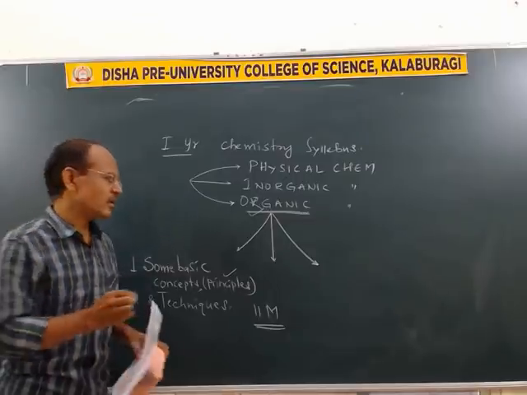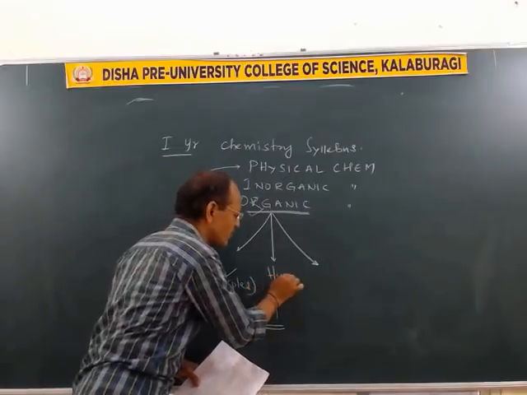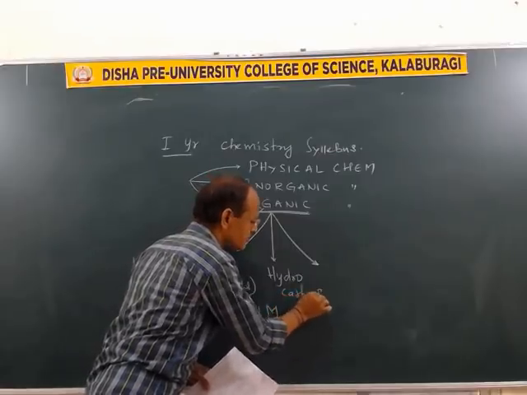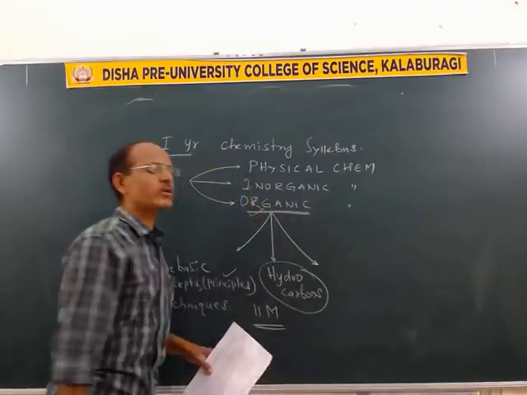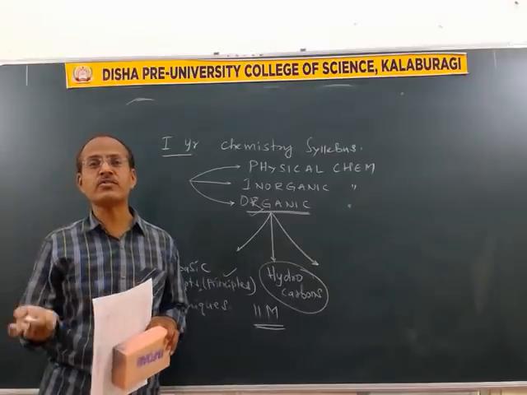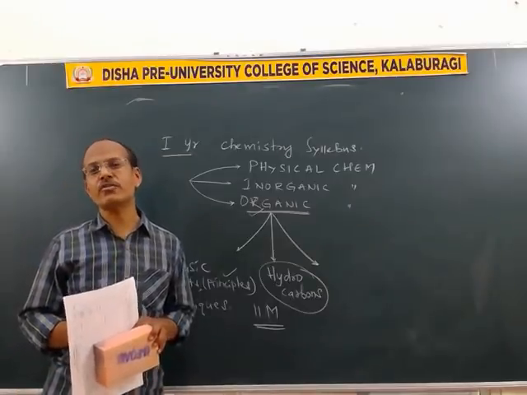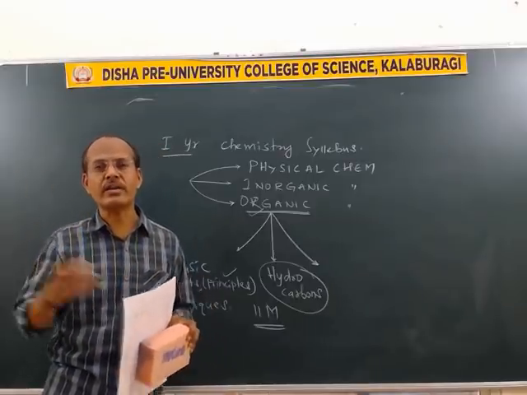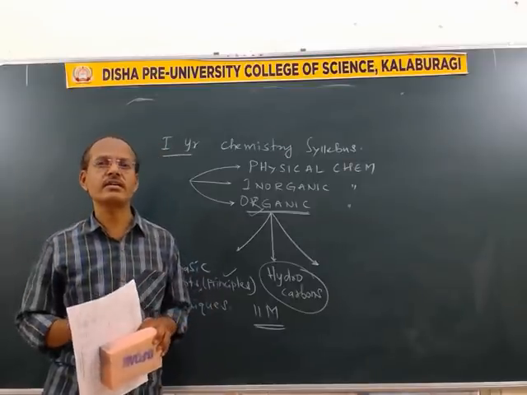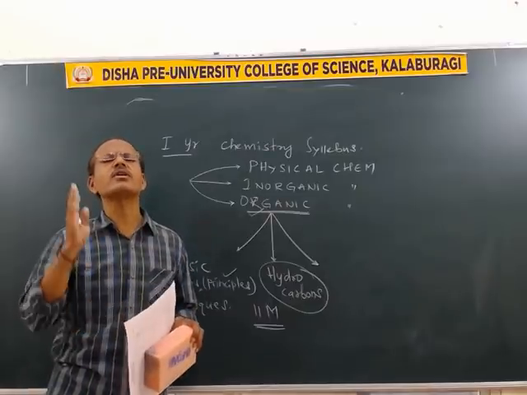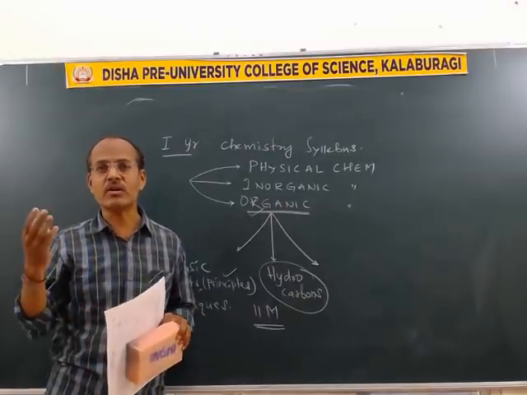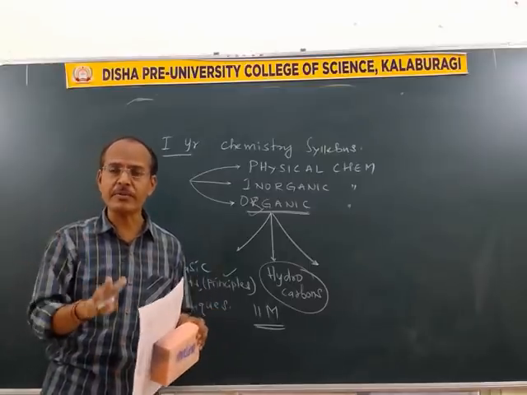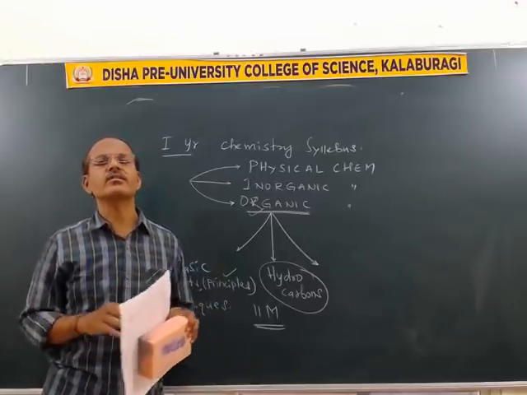Second topic, called hydrocarbons. You know already about hydrocarbons, compounds containing carbon and hydrogen. Here there are two types, aliphatic, aromatic, and one more is the heterocyclic. So details regarding what are aliphatic hydrocarbons, what are alkenes, what are alkynes, their properties, their preparations, everything.